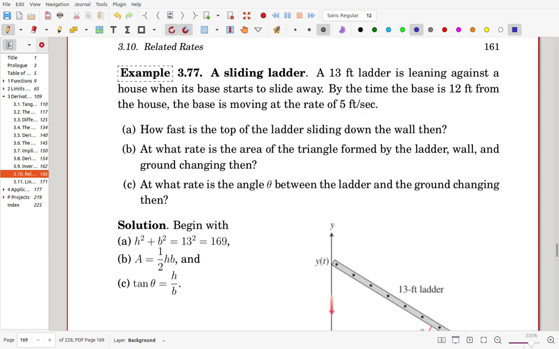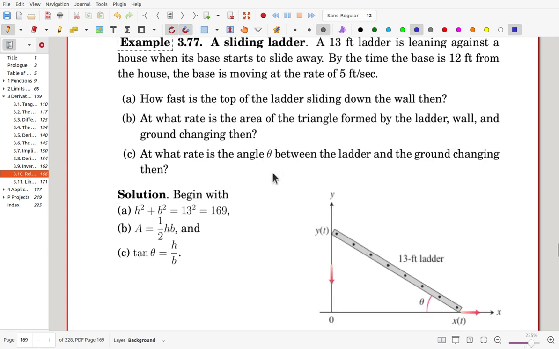Now, the first question is, how fast is the top of the ladder sliding down the wall then?